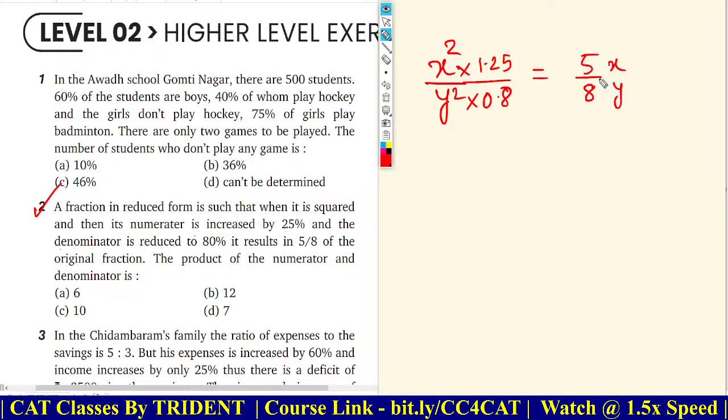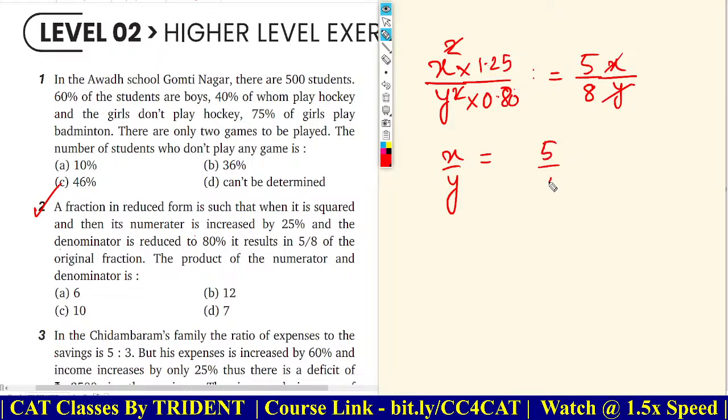x by y. Okay, now let me not get rid of the decimals right now. Let me just eliminate the x's and the y's from the picture. So all I need to worry about is x by y, and then I'll just send 0.8 in the numerator.